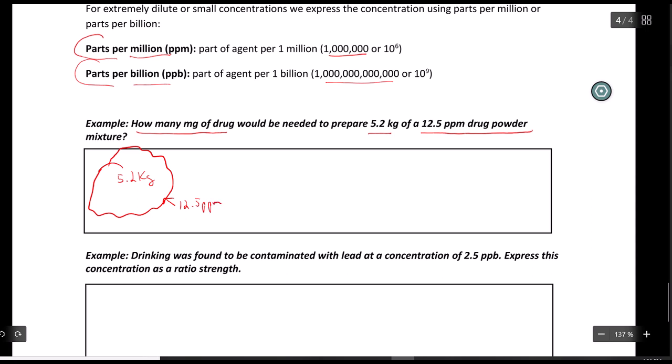Let's write this out. 12.5 ppm is 12.5 grams of drug per every 1 million grams of this mixture.